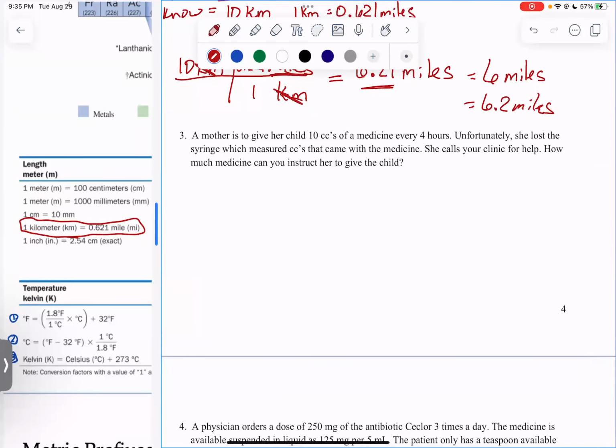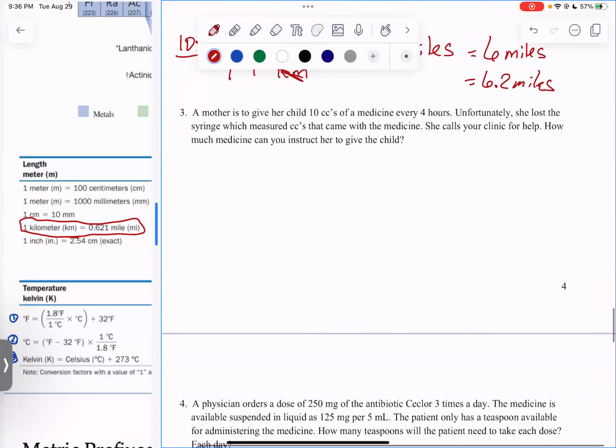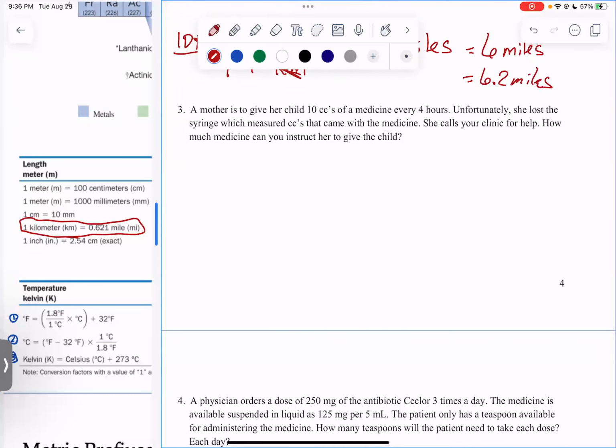Okay. The next one gets into the really important stuff that you're going to deal with on a daily basis. A mother is to give her child 10 cc's of a medicine every 4 hours. Unfortunately, she lost the syringe that came with the medicine, just like we talked about in class. She calls the clinic for help. How much medicine can you instruct her to give the child? So the first thing we want to know is the goal.